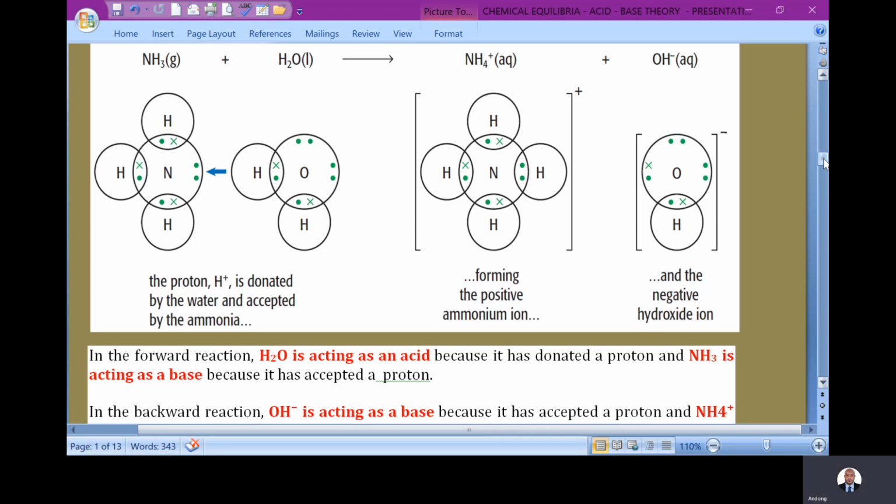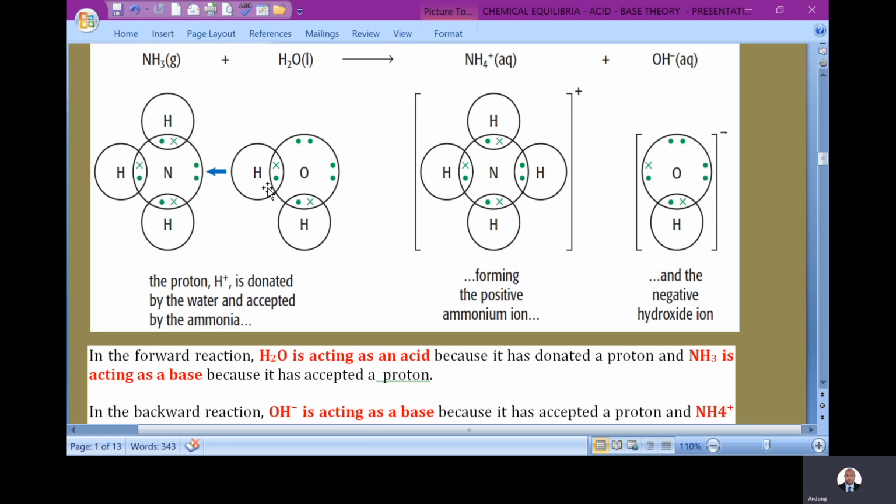Why do we say an acid is a proton donor? An acid is a proton donor in the sense that, based on this equation, water donates a proton to a base, which is ammonia. The base, based on the second definition in the Brønsted-Lowry theory, is a proton acceptor.